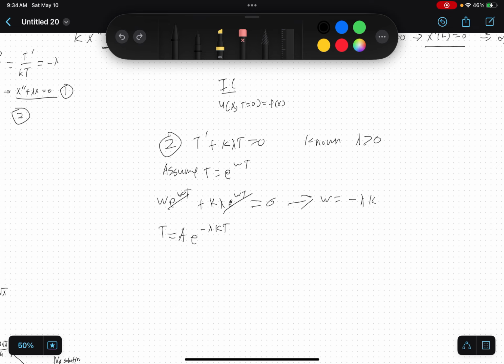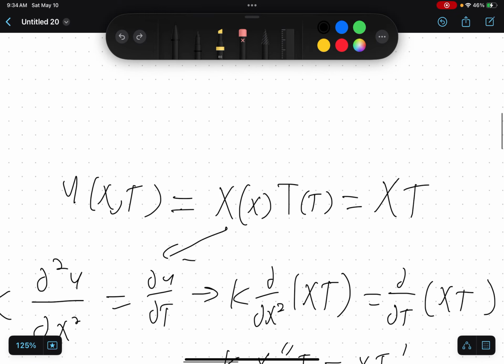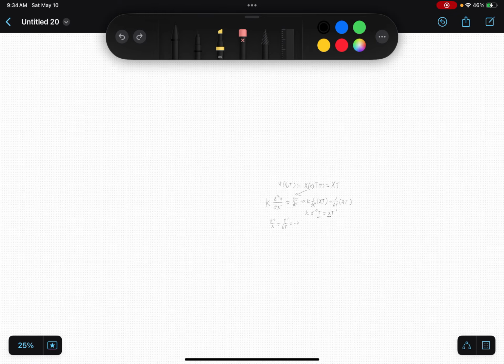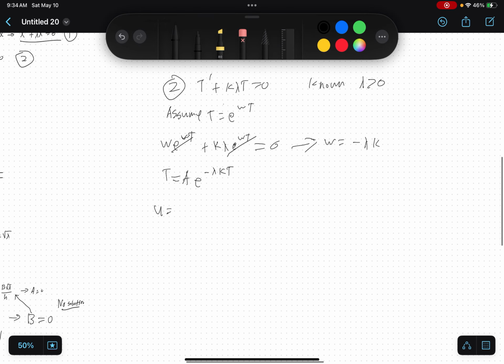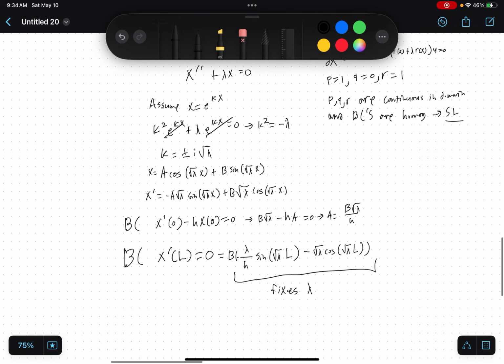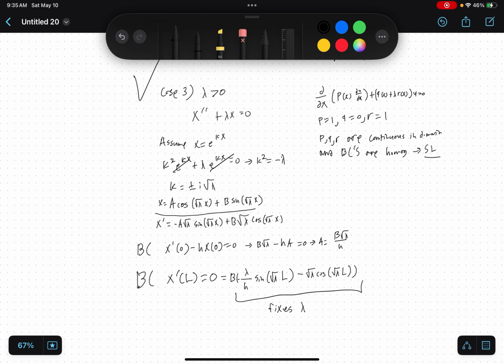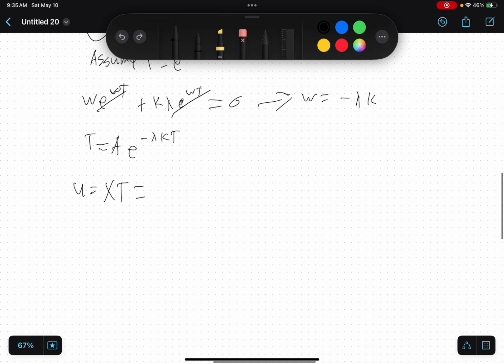Okay, so now we set up that U is X times T. X would equal that equation when you plug in A, which is B root lambda over h cosine root lambda x.